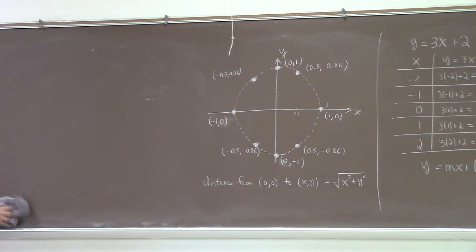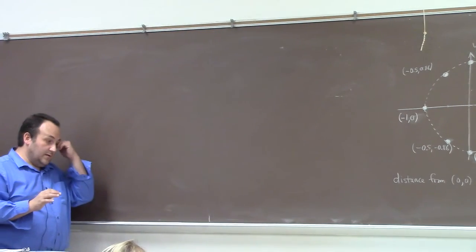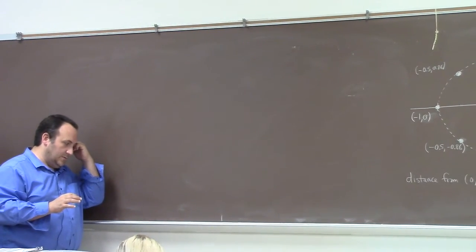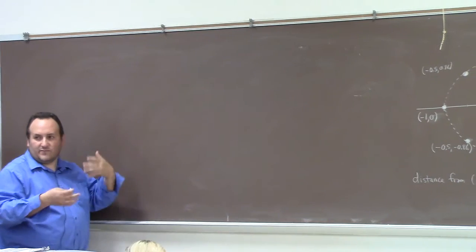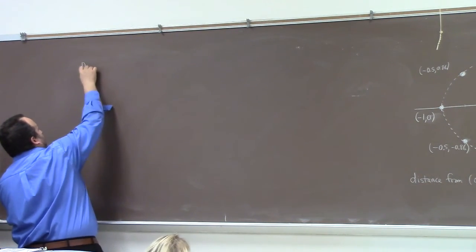So I need to be a little bit abstract with you here for just a second. To define a function, it's helpful to take a step away from equations and formulas for a second and just think about sets. So, definition.